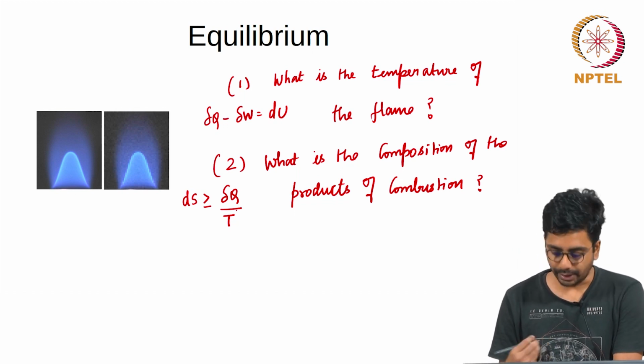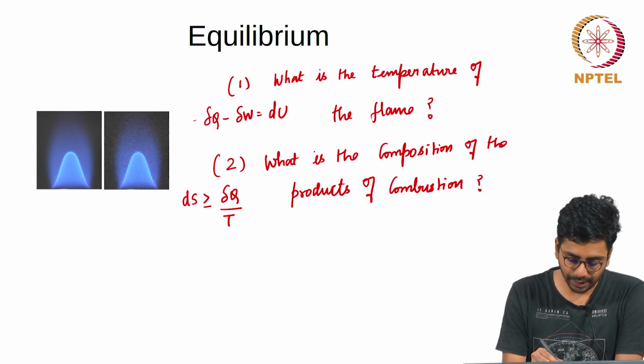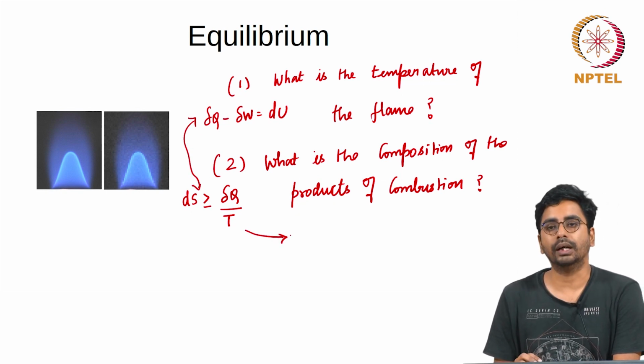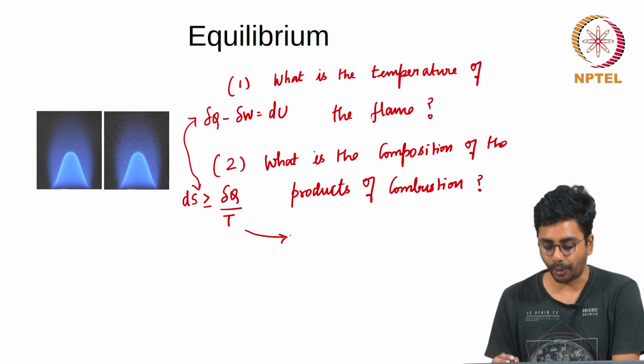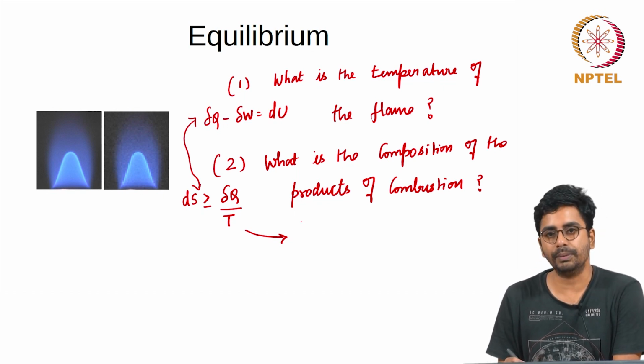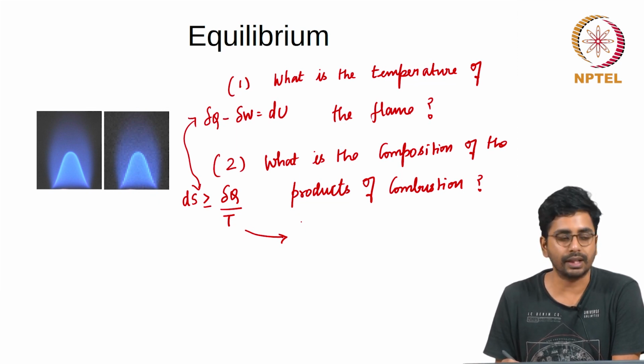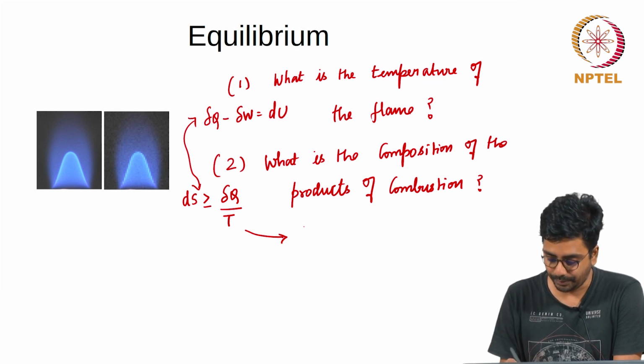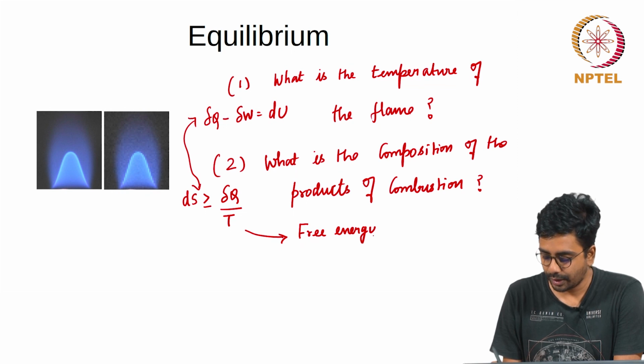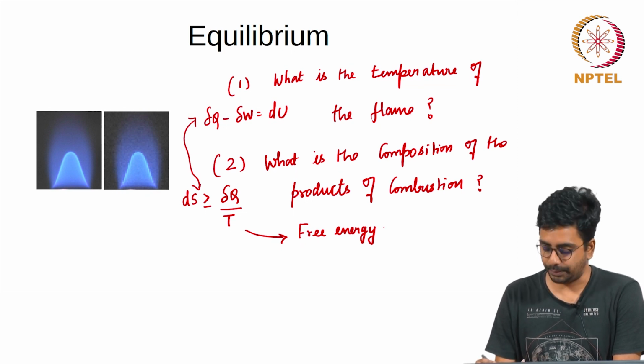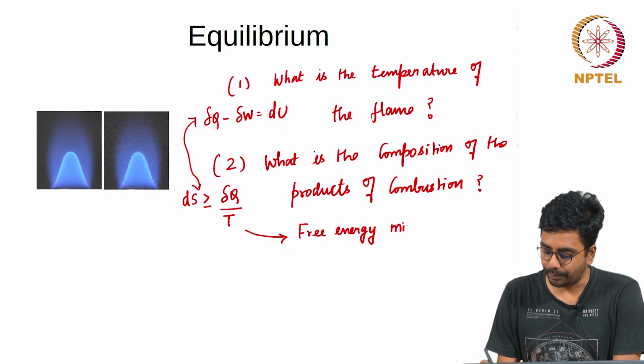When combined together, they lead to a new thermodynamic property called free energy, which could be the Gibbs free energy for a constant pressure, constant temperature system, or the Helmholtz free energy for the constant volume, constant temperature system. This leads to the important principle that the state of equilibrium is a state of minimum free energy.